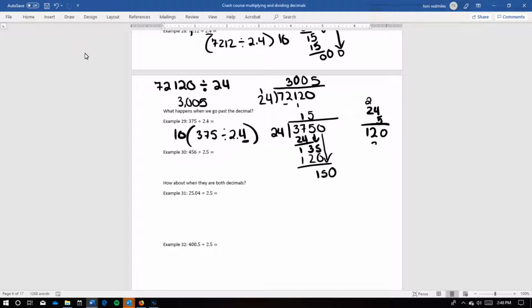Alright, so I think I'm probably going to have to go one more on this one. Let's go ahead and test that theory. 12, 13, 14. Yes, I think that is true. So 6 times, and that is going to be 144, which is going to give me a remainder of 60.